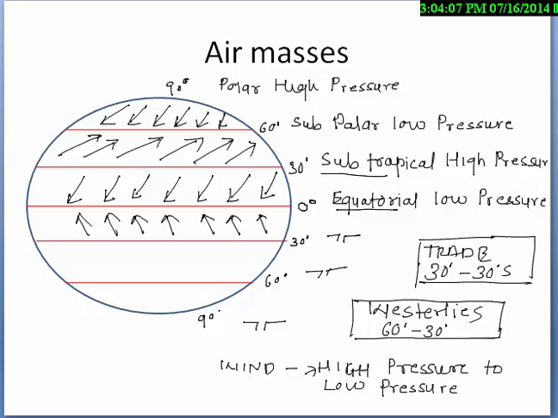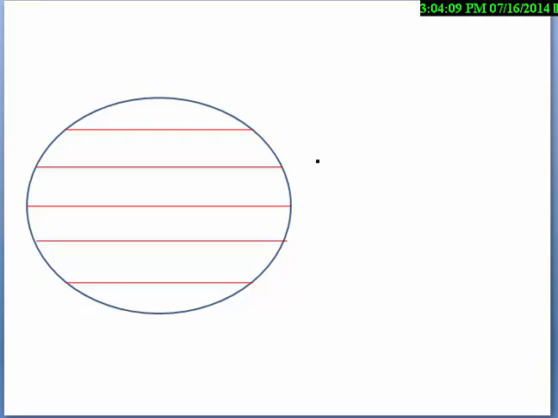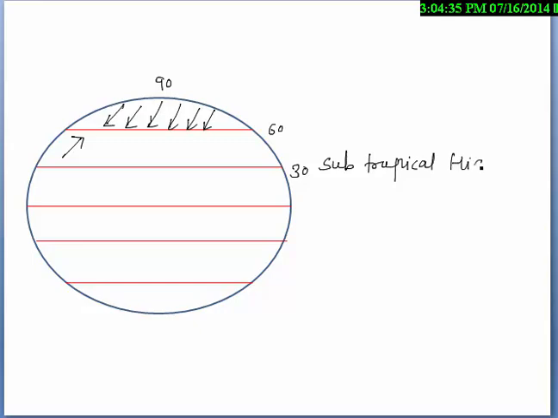Now try and understand some characteristics of these winds. These are polar winds which are coming from the North Pole. These are westerlies which are coming from the subtropical high pressure belt.